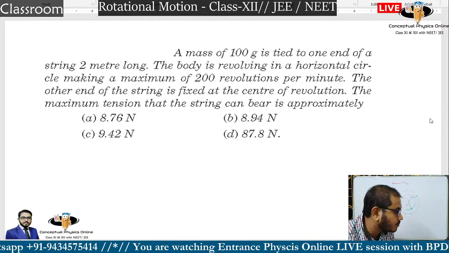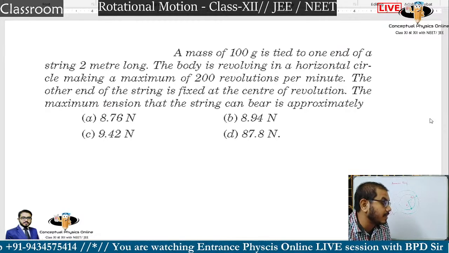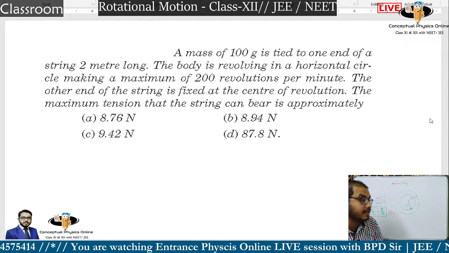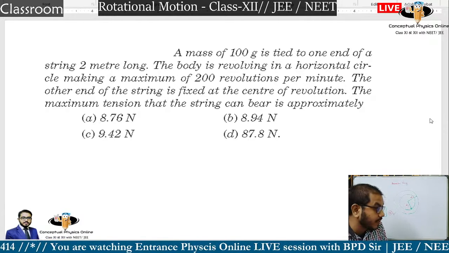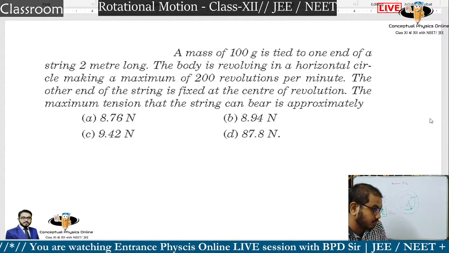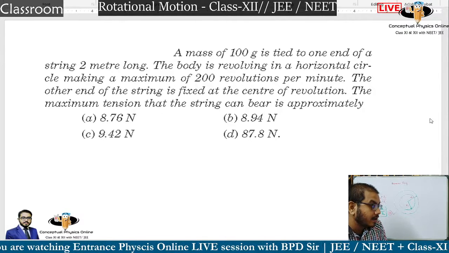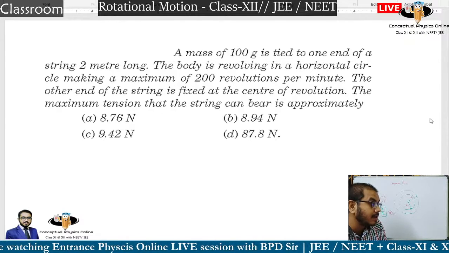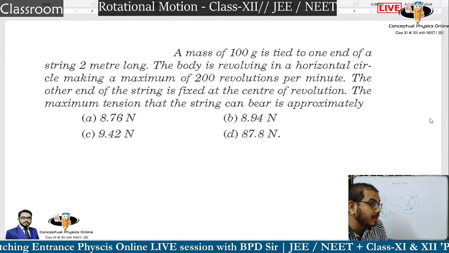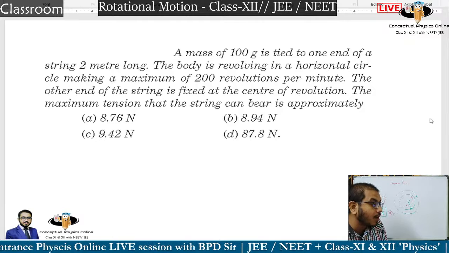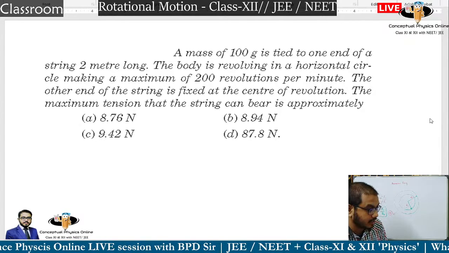So the question is asking that a mass of 100 gram is tied to one end of a string of 2 meter long. The body is revolving in a horizontal circle, making a maximum of 200 revolutions per minute.